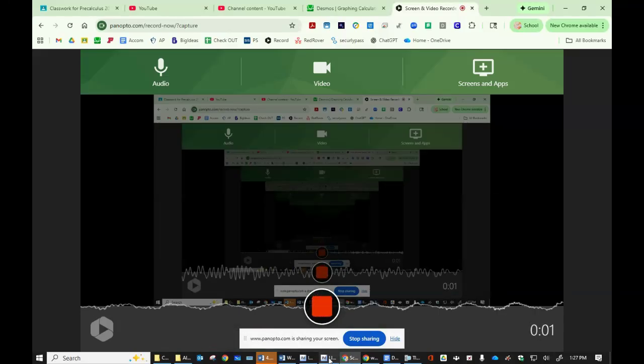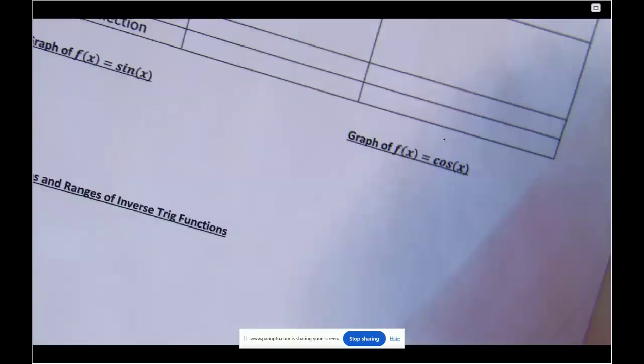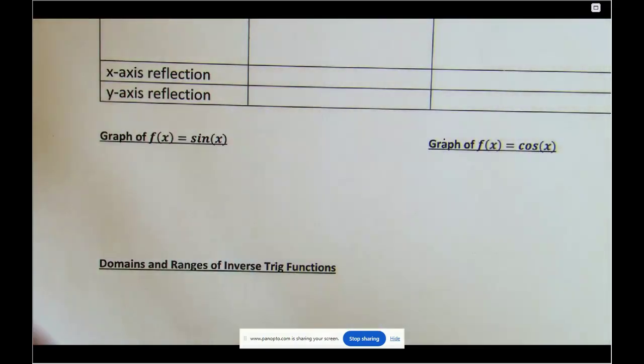Okay, so you need to get out the paper that you got on Thursday that has the big graphs of sine and cosine on it, which I did ask you to finish if you didn't do it. You need to get out page 5. Yours should be blank right now because there's nothing written on it, but page 5. And you're gonna need just a little bit of regular note paper.